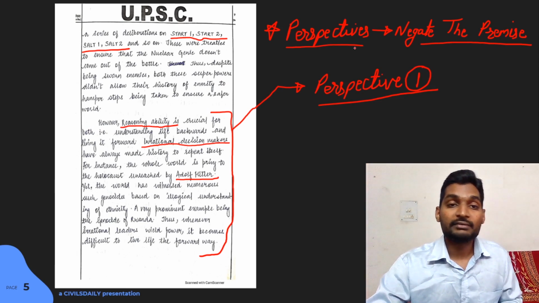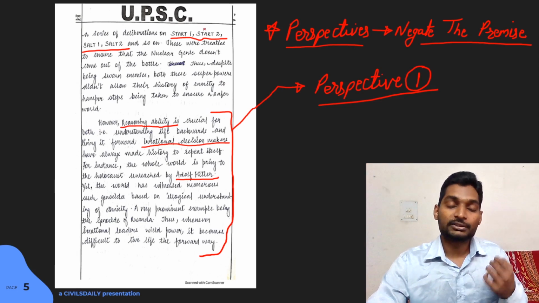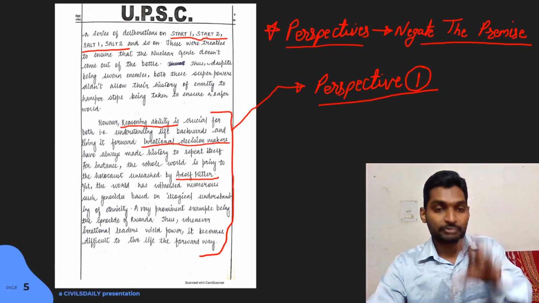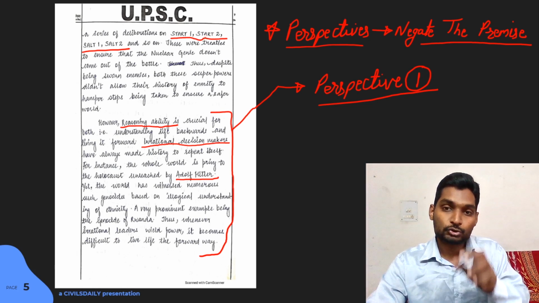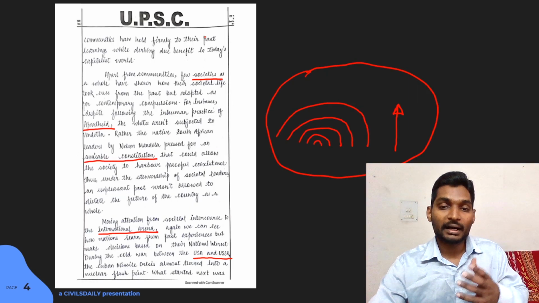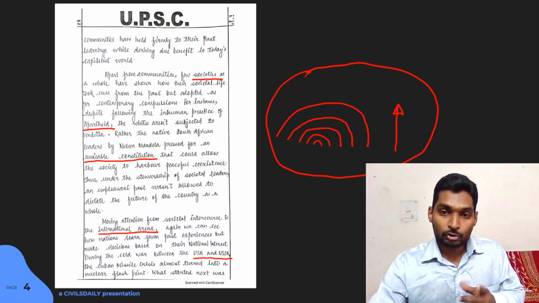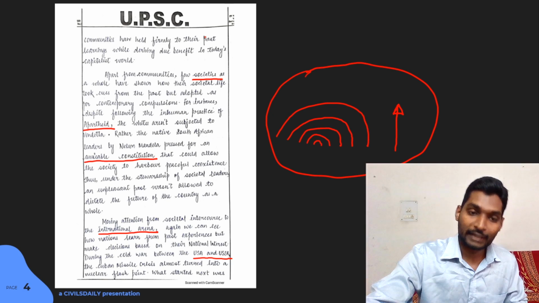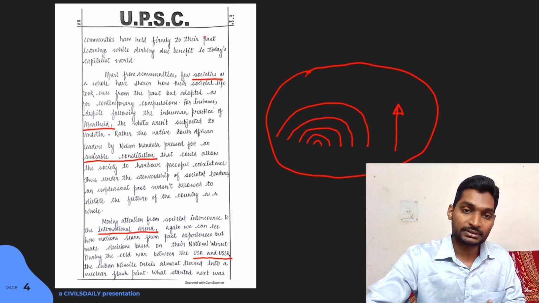And here we have given the example of START 1, START 2, SALT 1, SALT 2. These are essentially treaties between the superpowers. So this is what we mean by the layered analysis, going upwards, micro to macro in a particular direction. I hope that is pretty clear, dear students.